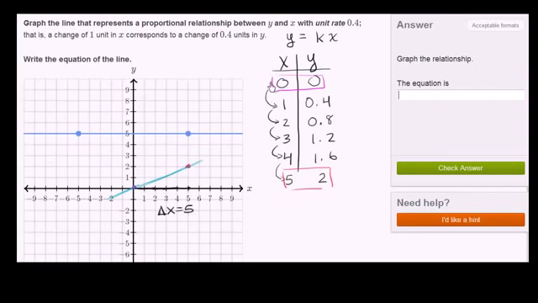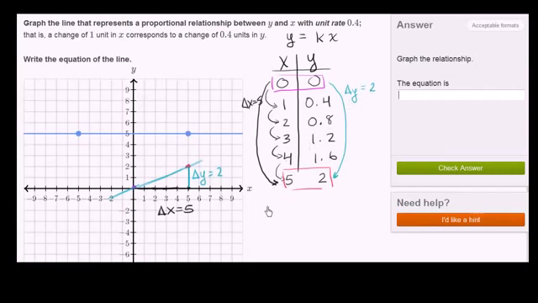When you go from 0 to 5, the change in x is 5. What was our corresponding change in y? Well, when our change in x was 5, our change in y was equal to 2. And you see that here. When x went from 0 to 5, y went from 0 to 2. So our change in y in this circumstance is equal to 2.